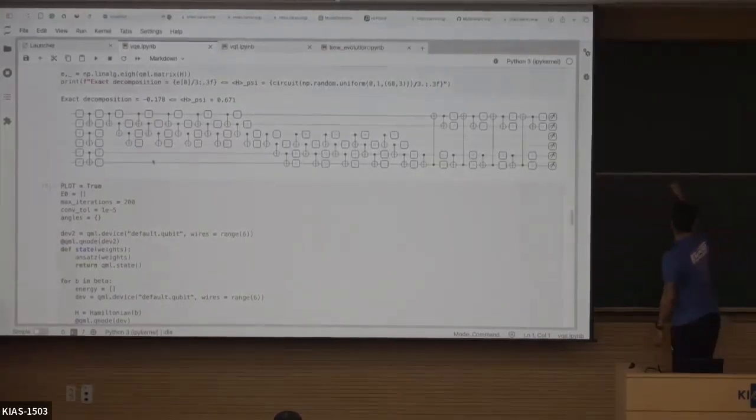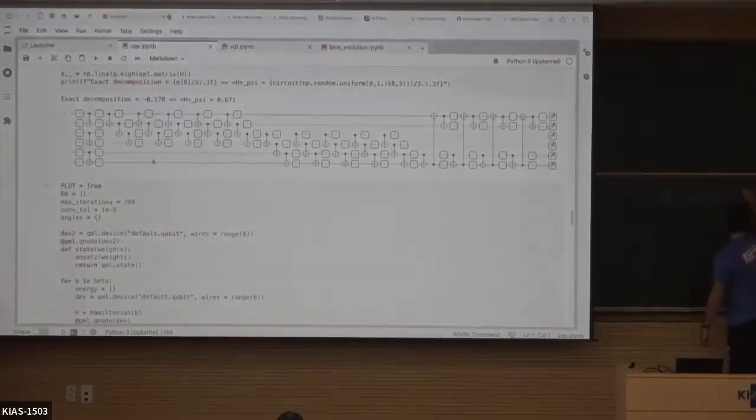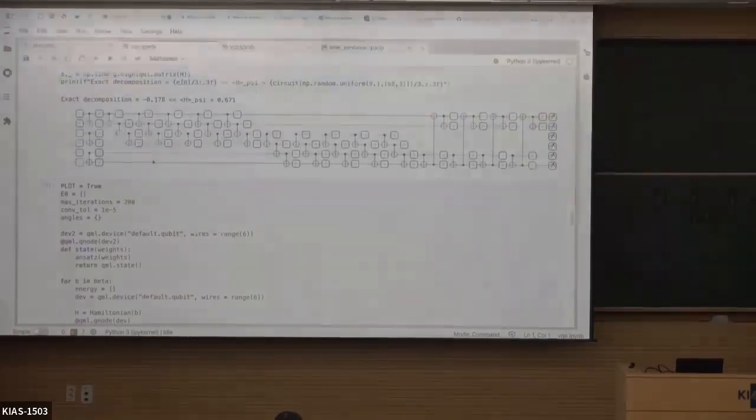In the Hubbard model, I have a term like minus T, let's say ij, C dagger C plus Hermitian conjugate. So this C dagger C is basically my operator on my spin states, right?